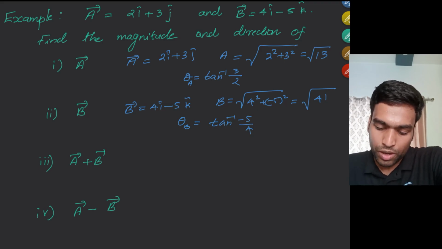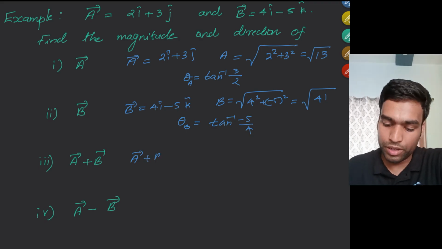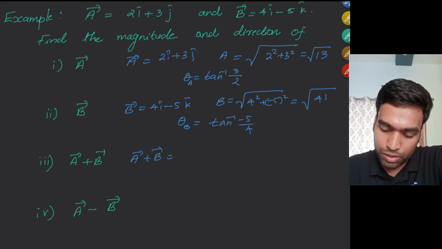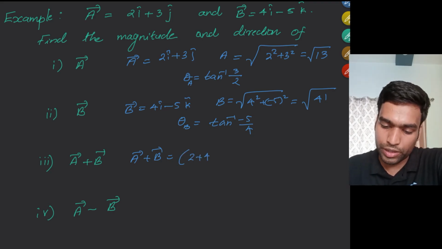Good. Now, for finding the magnitude and direction of a plus b, we have to find what a plus b is, right? So a plus b will be equal to, component-wise, we have to add, right?